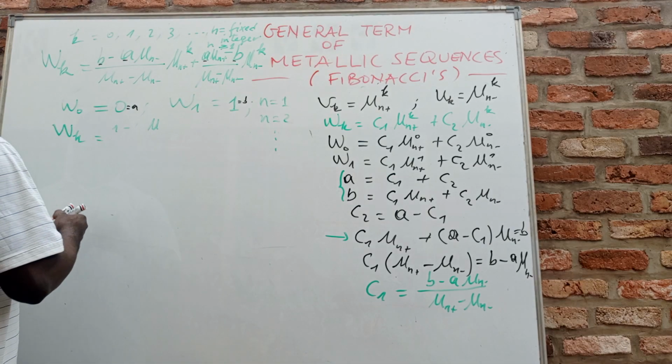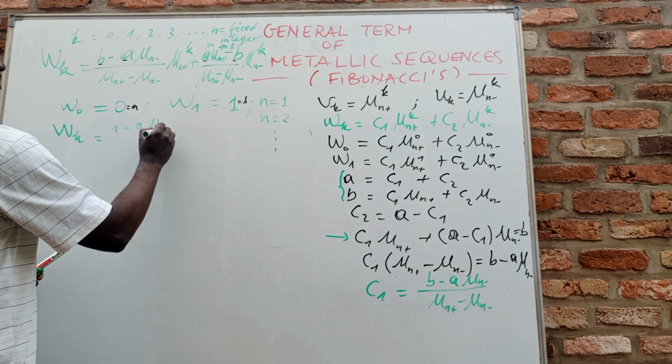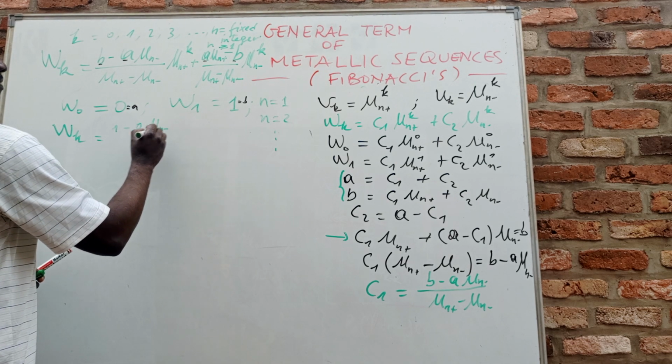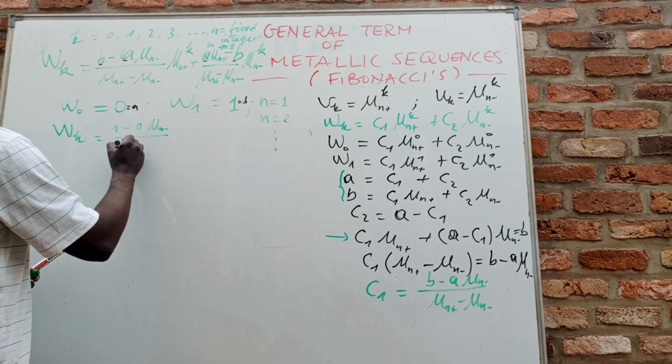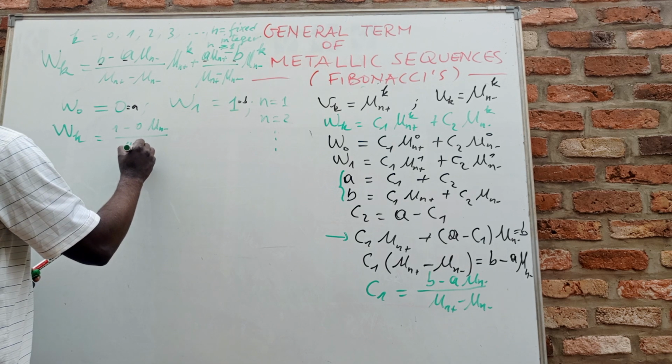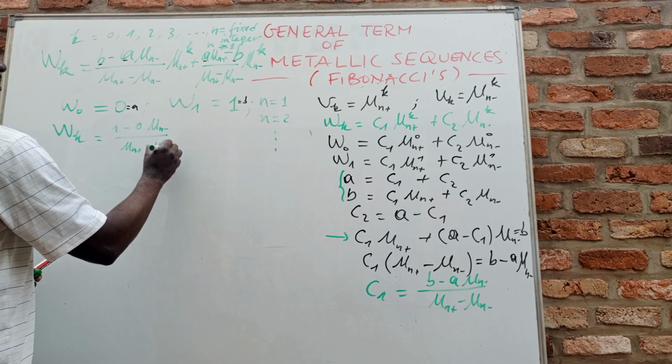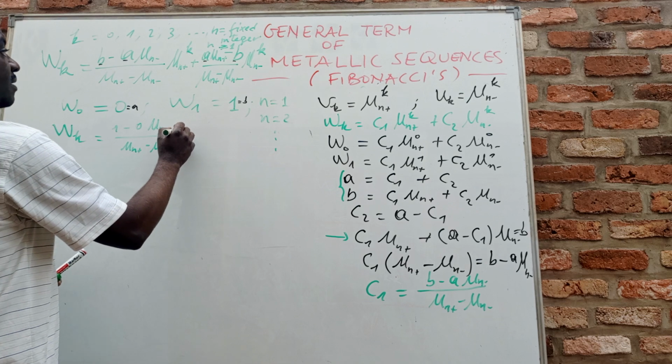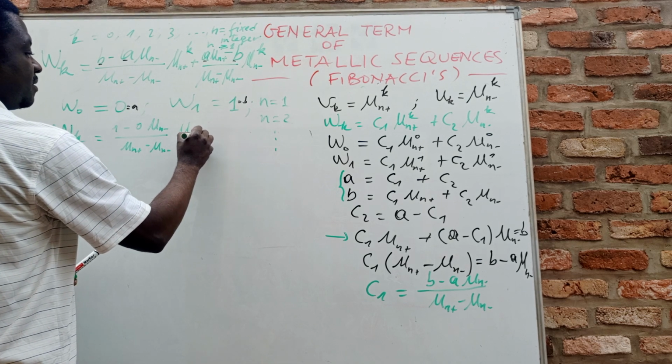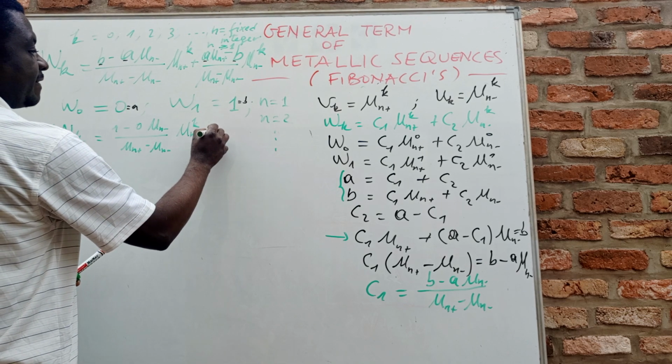A is equal to 0. So we're going to have this term with 4, and we have mu n plus minus mu n minus, mu n power k plus c.